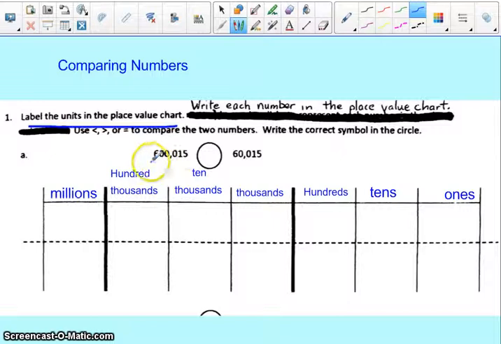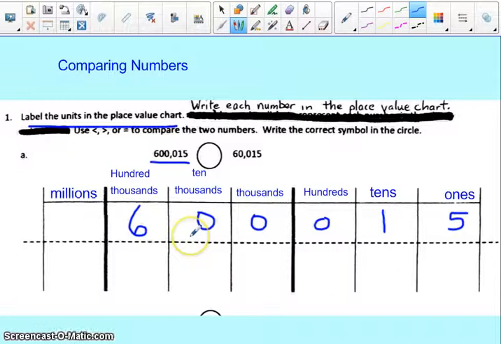If I start with this number here, we see that there are 5 ones, 1 ten, 0 hundreds, 0 thousands, 0 10,000s, and 6 100,000s. And right here we would need to put our comma, because every 3 digits separates our periods.